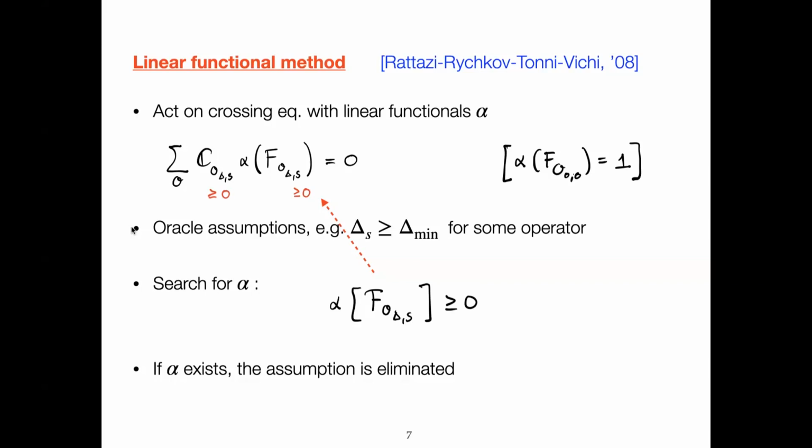And this way you can eliminate assumptions. So in sort of like a more machine learning kind of language, this is essentially a classification algorithm. You make an assumption and then the algorithm tells you no, this assumption is inconsistent, or it tells you that maybe you can satisfy this assumption.